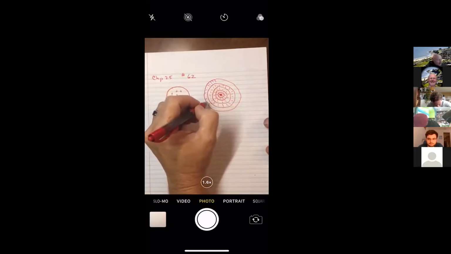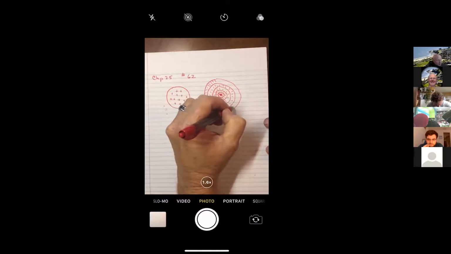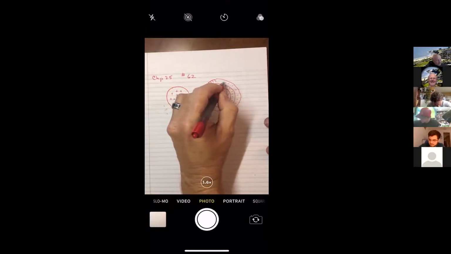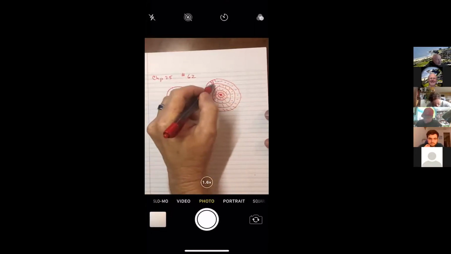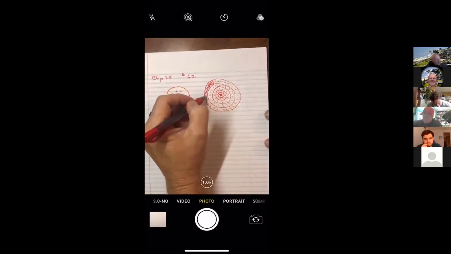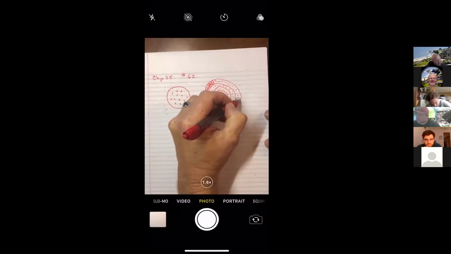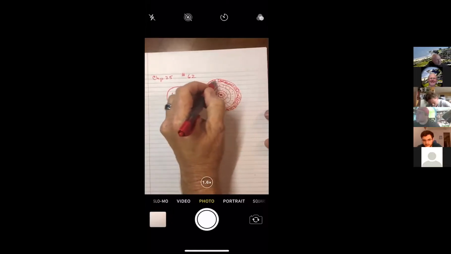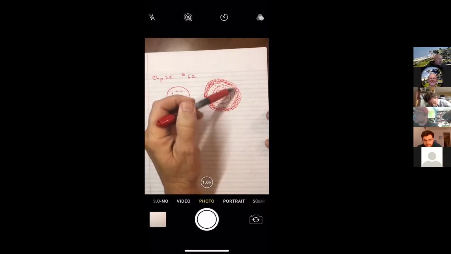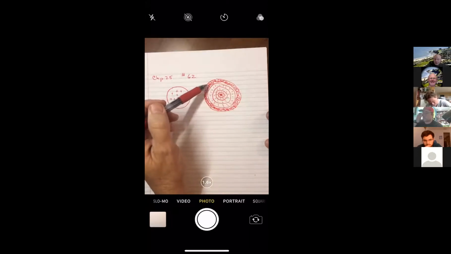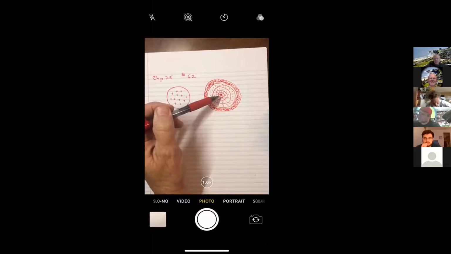I say that because of two reasons. First of all, this last one, and I'll color this one all the way in. This is the last shell that I'm going to put here. There is a lot more charge on this one than any of the other ones.